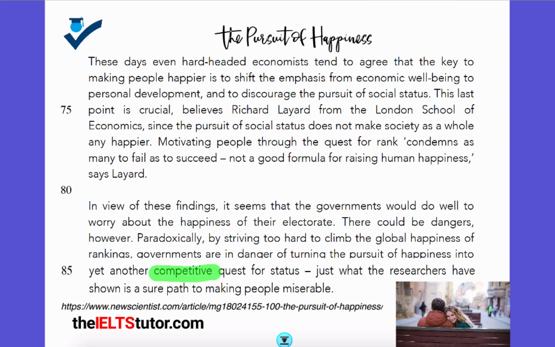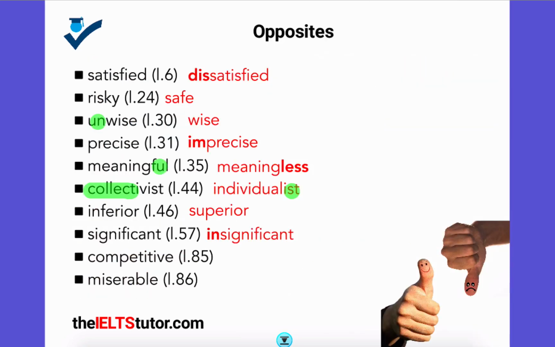So the opposite of this could be uncompetitive, with a prefix. Give yourself 1 mark if you've got the opposite with a prefix here, with un.